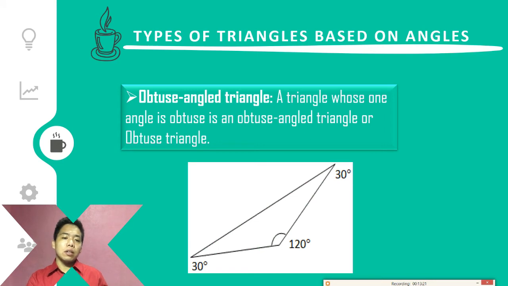It's indicated in the name, obtuse angled. If there is one angle in the triangle whose measure is more than 90 degrees but less than a straight angle, then we call it an obtuse angled triangle.